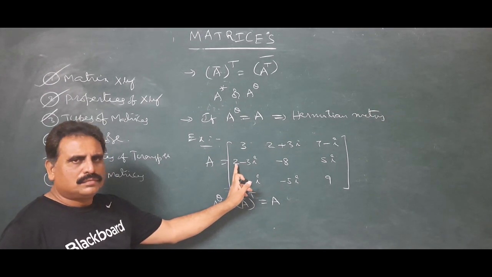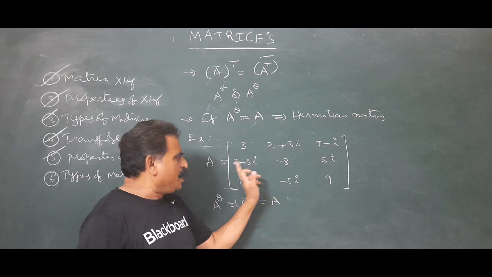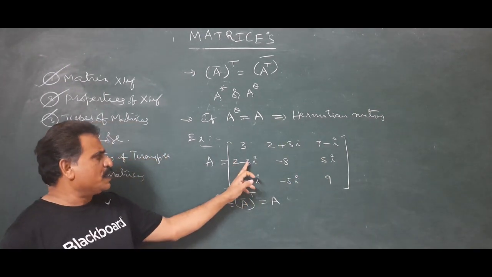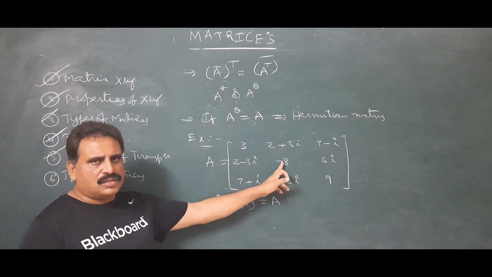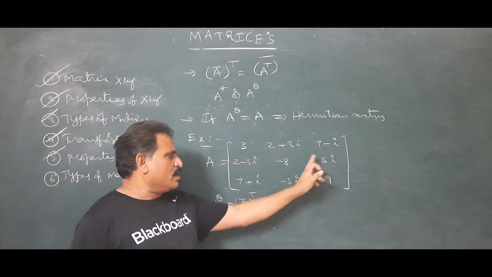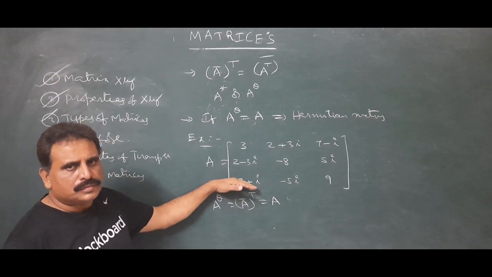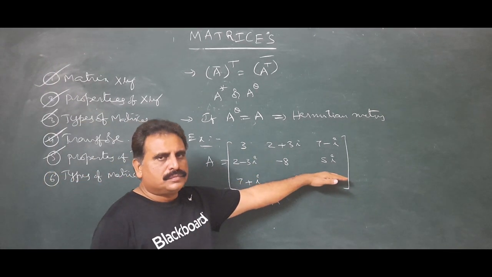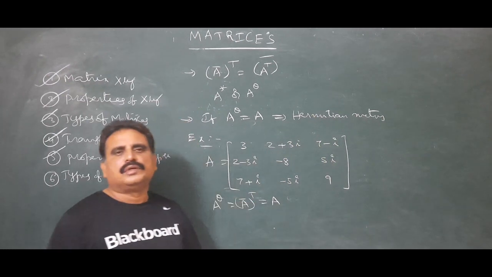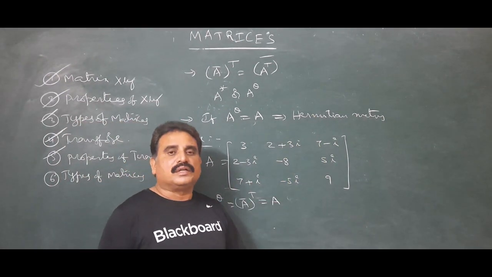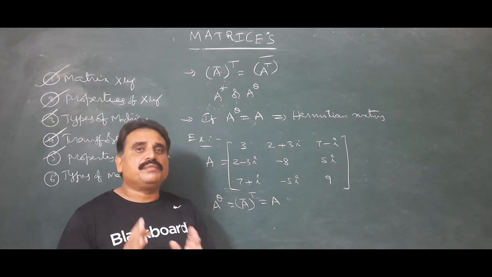Second row, conjugate and transpose, that means column. Second row conjugate: 2 plus 3i, minus 8 conjugate is minus 8, 5i conjugate is minus 5i, as well as third row conjugate is third column: 7 minus i, 5i, 9. That's why it is a Hermitian matrix.